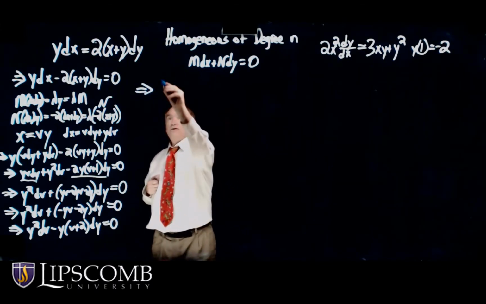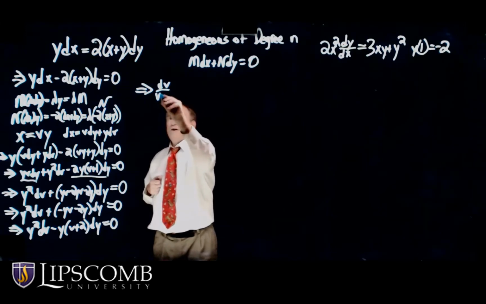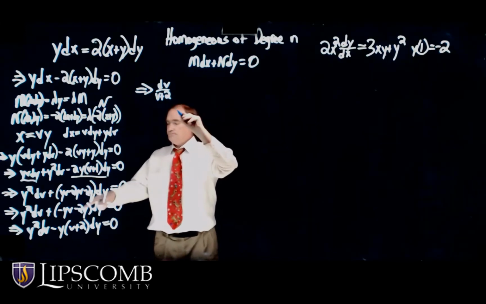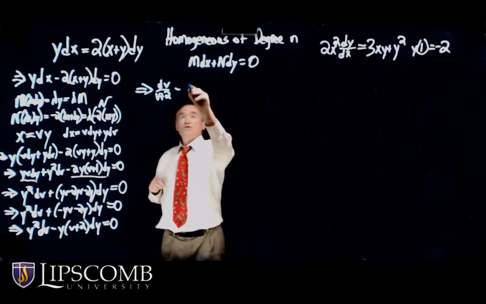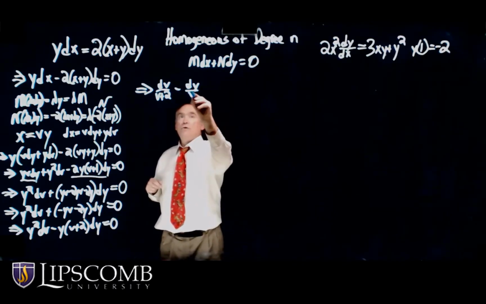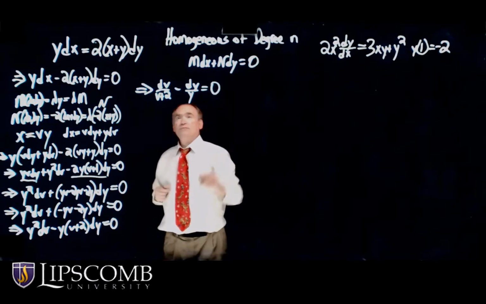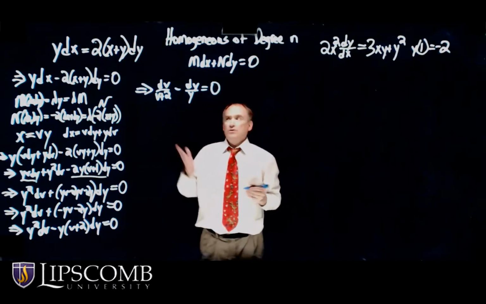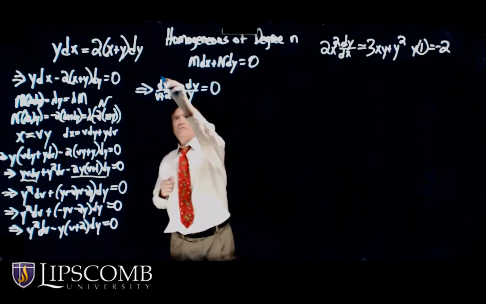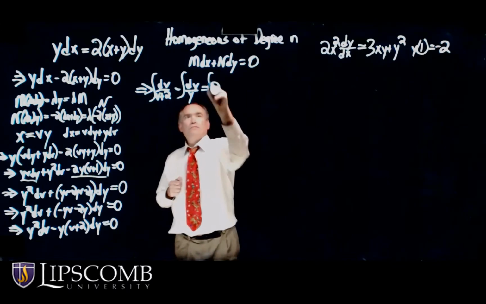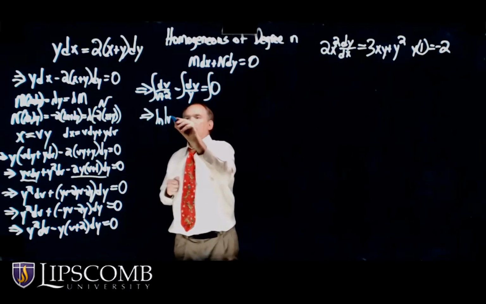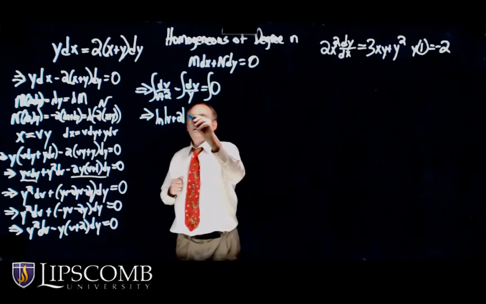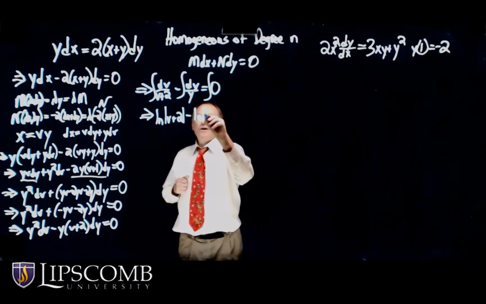I have dv over v plus 2, and I have a minus dy over y. The y's cancel out, equal to 0. So I can integrate everything. What do I end up with? The natural log of v plus 2 minus the natural log of the absolute value of y.